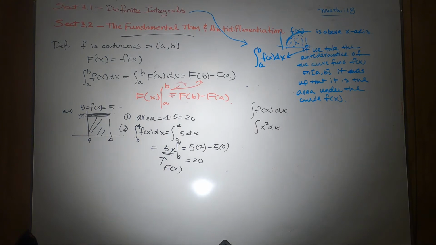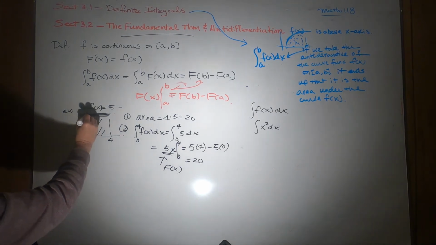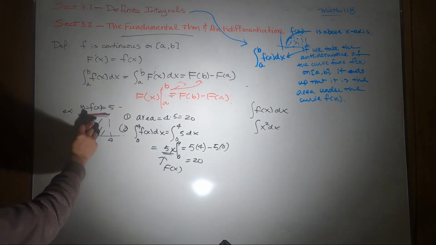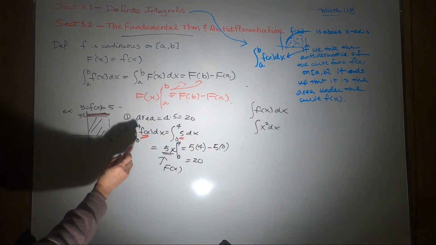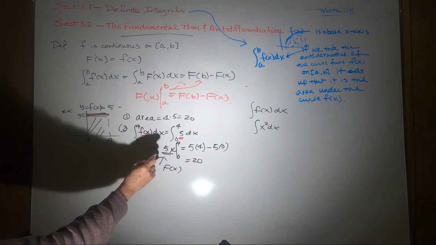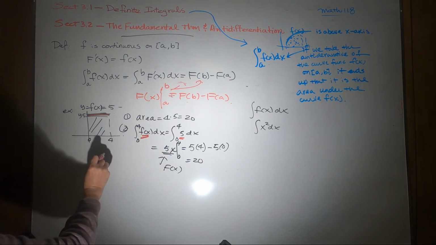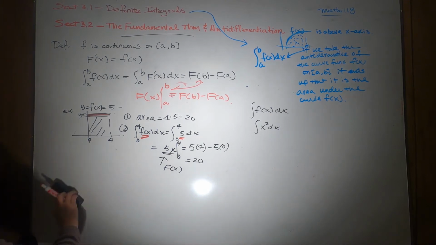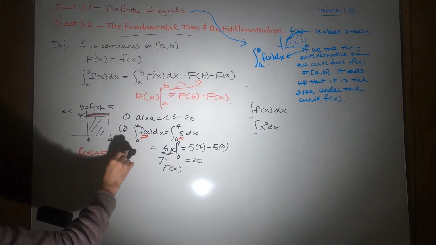Okay, so what we are saying is we are just using the simple f of x. If f of x is 5, I take the antiderivative, and 5 becomes 5x.